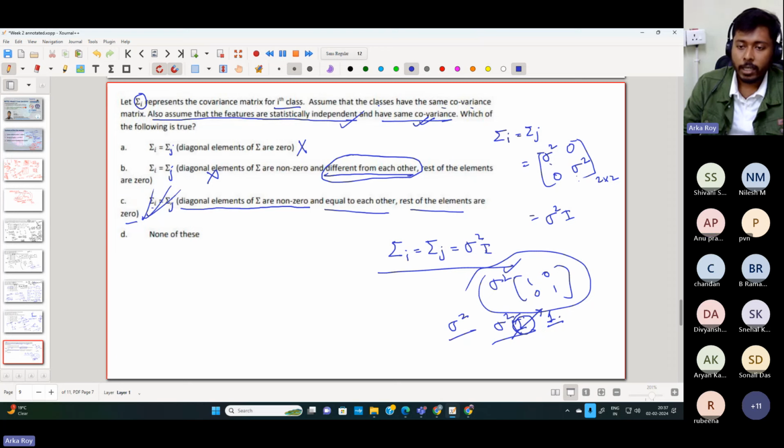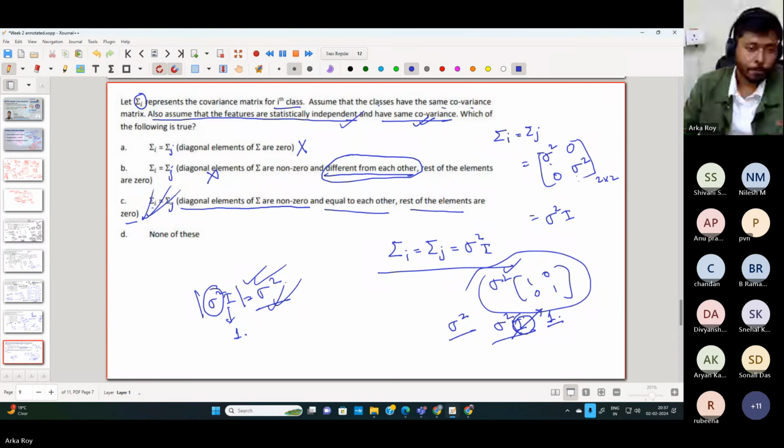If you take the determinant of the whole sigma square I, the output is sigma square only. The identity matrix has determinant equal to 1, but sigma square comes out of the determinant and gives you sigma square.